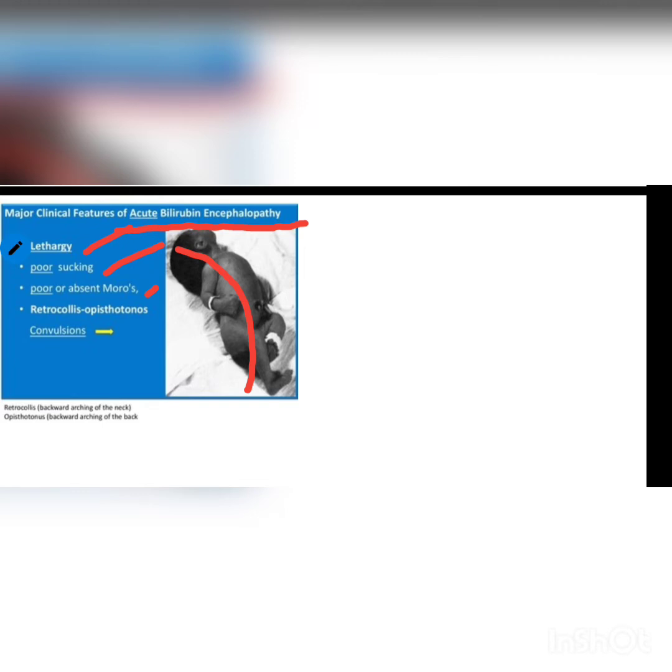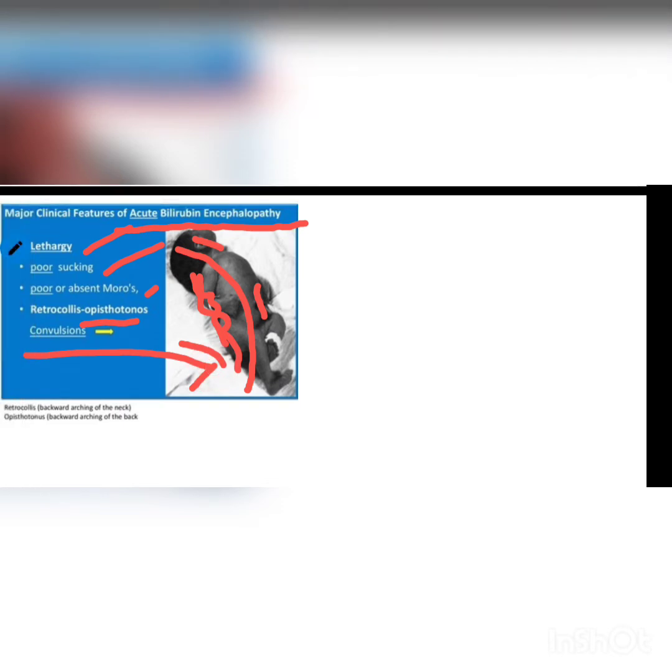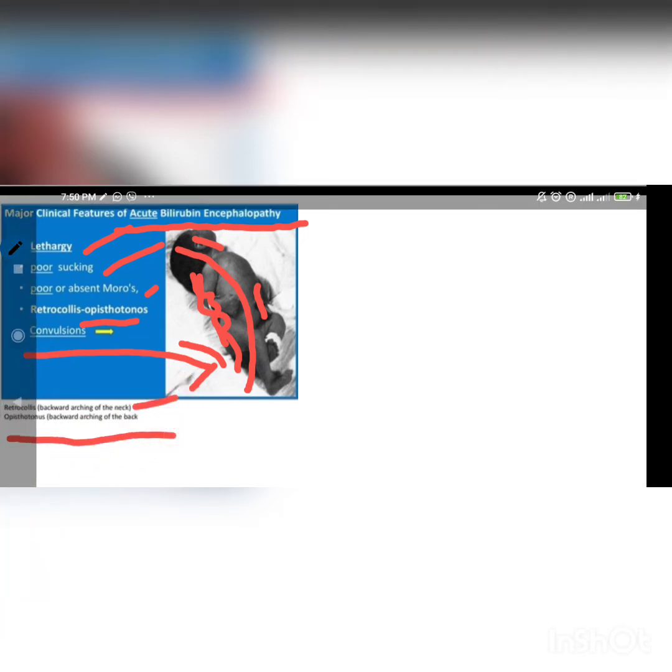The muscles in the back contract in this condition, so the child is leaned backward, which is the condition called opisthotonus. You can also see convulsions along with this condition. Retrocollis means backward arching of the neck, and opisthotonus means backward arching of the back.